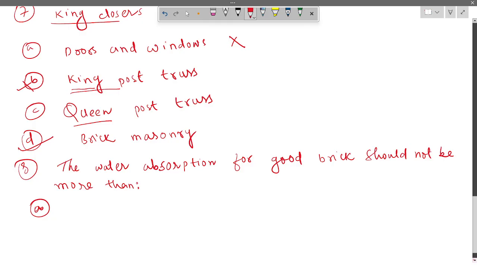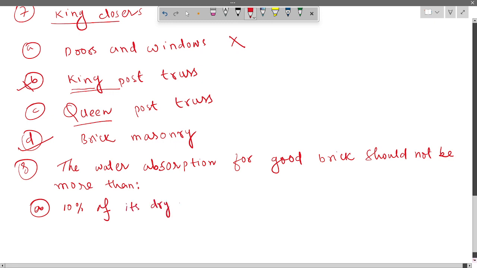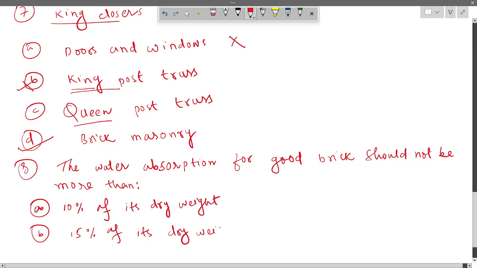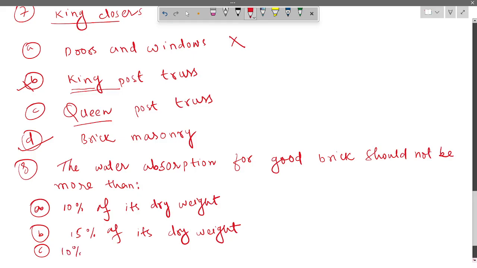So here the four options are given. First option is 10% of its dry weight. Next option is 15% of its dry weight. C option is 10% of its saturated weight.